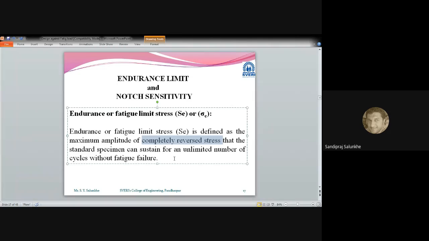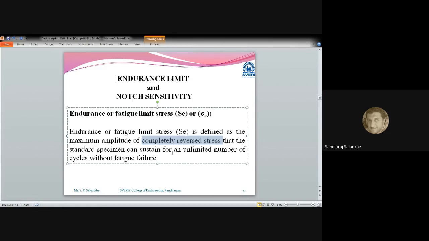This is the value of stress which a standard component can sustain for a completely reversed stress. That means the stress is compressive and tensile, so it is a completely reversed cycle. How much compressive stress is generated in that standard specimen, the same amount of tensile stress is generated in that component.